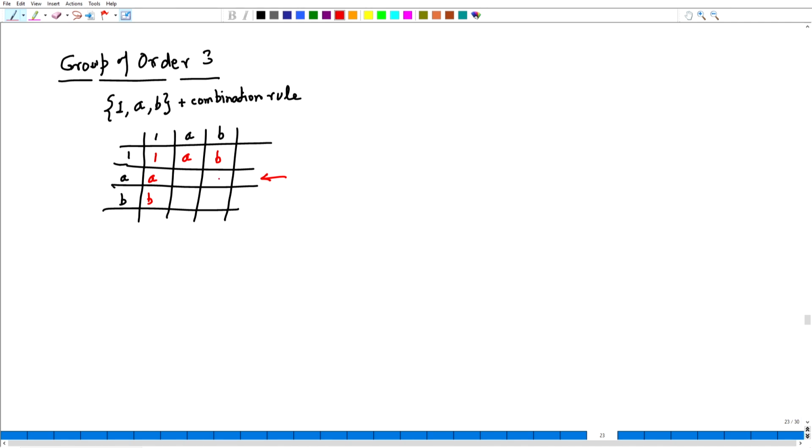Now, element B, can I put it here? I cannot, because there is already element B in the column, and hence we cannot put B here. Therefore, the only place where I can put this element is in this location. Now, only one element is left, which is the identity element. So, 1 has to come here.